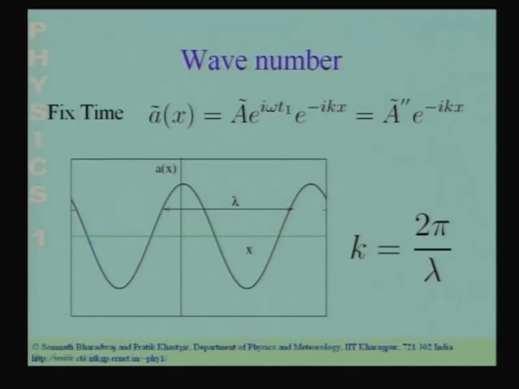Here I have shown you A as a function of x, and you can see that the value which is there over here is there again over here, and the whole function repeats after this distance, which is called the wavelength. So, at a fixed time, the x dependence is sinusoidal, either cosine or sine, and it repeats whenever the argument of cosine is 2 pi.